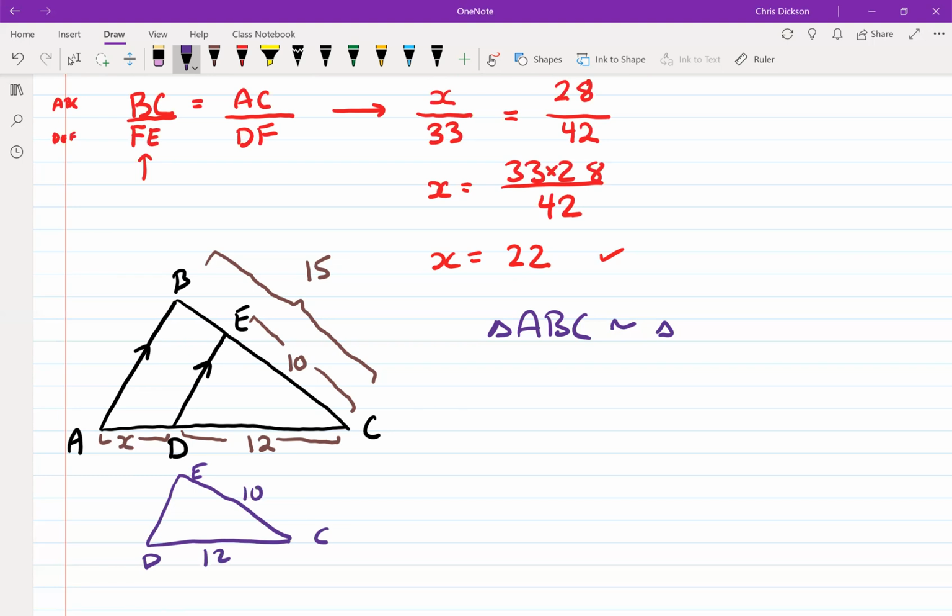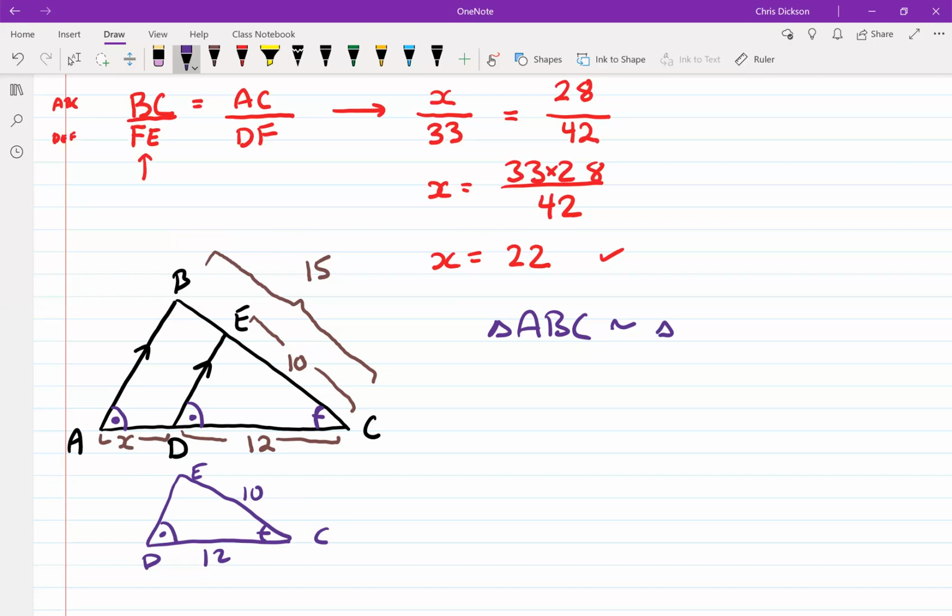What we know between the 2 triangles is that this angle here, C, is shared between both triangles. The other thing we know is because these are parallel lines, the angle here is going to equal this angle on the far side. So angle D would be the same as angle A.